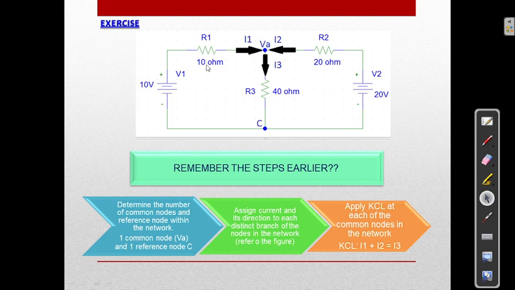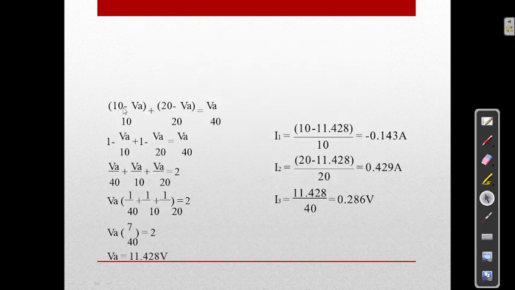To take the voltage across this resistance, we take the voltage minus VA.